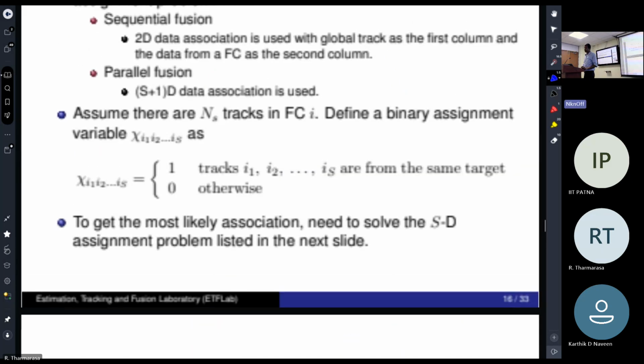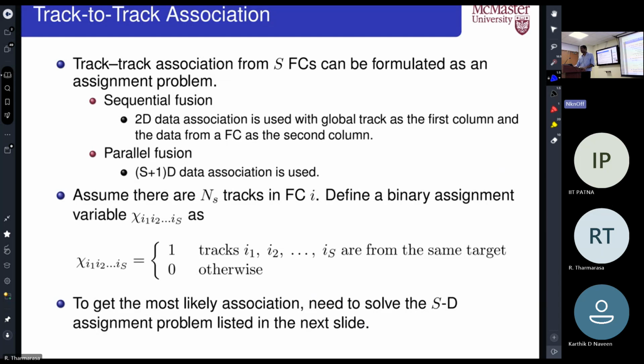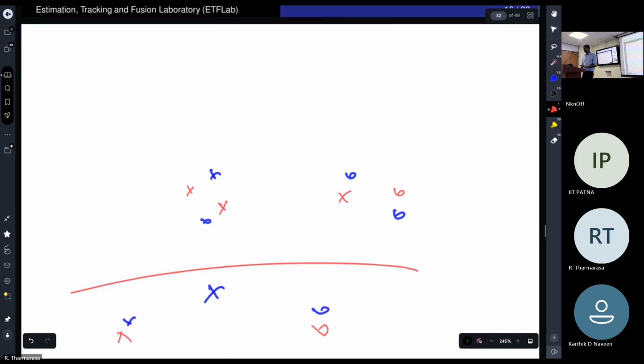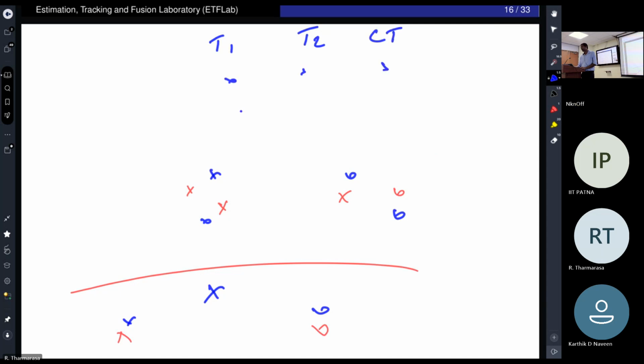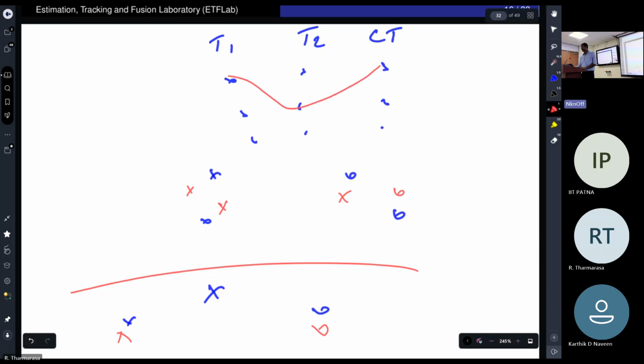That can be formulated as an assignment problem. In measurement fusion, we call it multi-frame assignment. We would use a similar approach in this as well. So we will form this as an assignment problem: tracker 1, tracker 2, for the central tracker. You will have all the trees like this, all the possible branches.